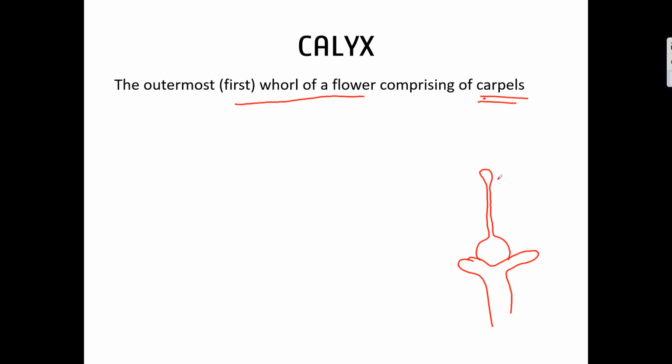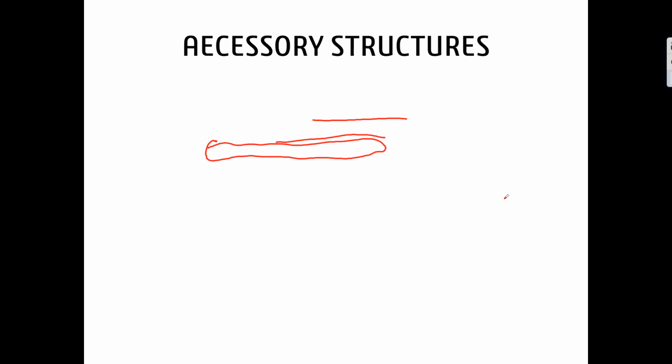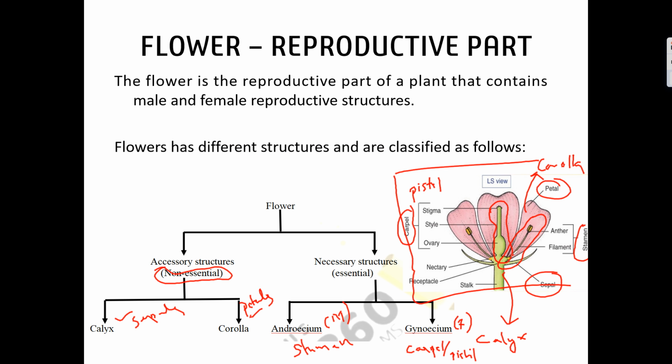So it is giving support to the female reproductive structure as well as the entire flower. It also covers and protects the petals as they develop, and the corolla emerges from this region. You can see in the picture that the petals are inside the sepals.